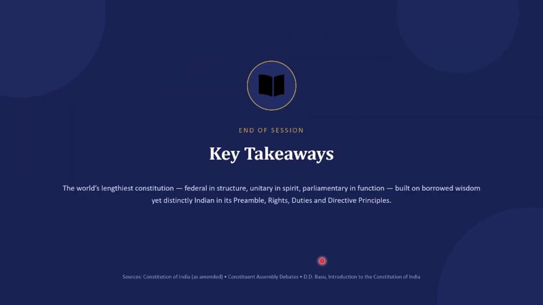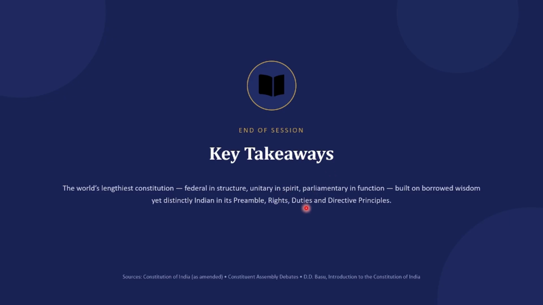So, let's quickly recap what we have studied today. The Indian Constitution is one of the world's longest written national constitutions. It has a federal structure with strong unitary features. It follows a parliamentary form of government. It combines rigidity and flexibility in its amendment procedures. It guarantees fundamental rights, lays down directive principles, and imposes fundamental duties.